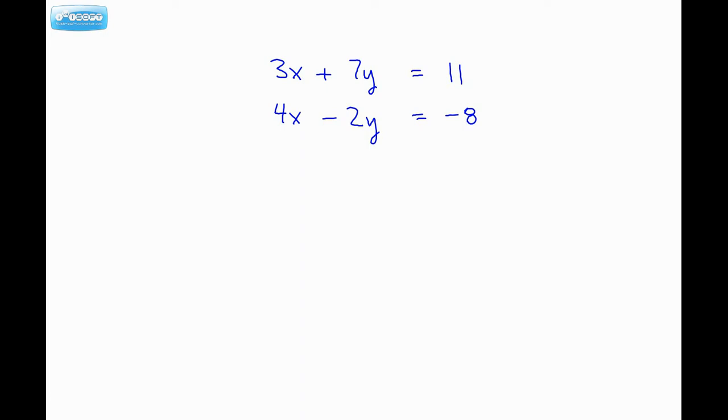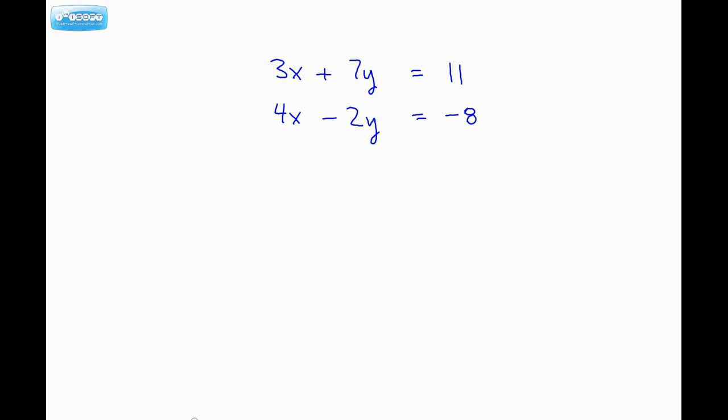So in the previous video, all we did is we just added up the equations together. But hopefully you notice that with this example here, that's not really going to help us, because notice how these coefficients for x, they're not equal and opposite. Neither are the y's. So what we need to do first is adjust one or both of these equations.